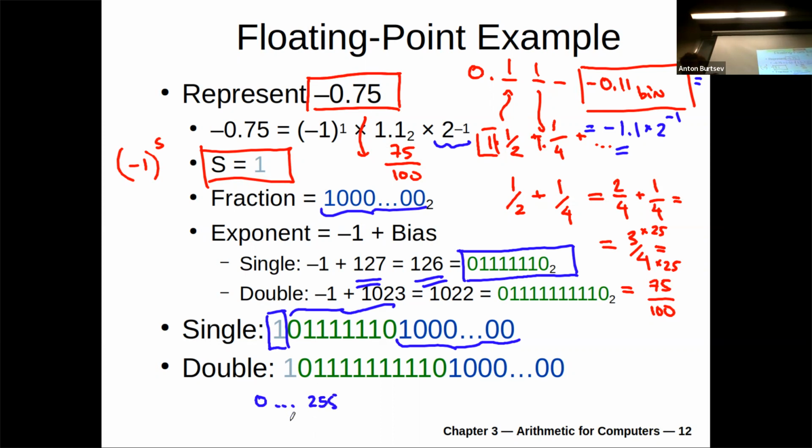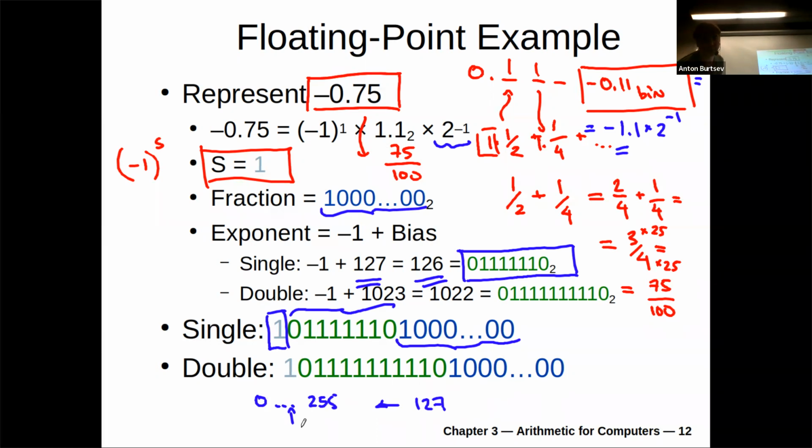But since we want to represent negative exponents as well, we shift them by 127. So your 0 will be in the middle, and negative 127 becomes the exponent like that.